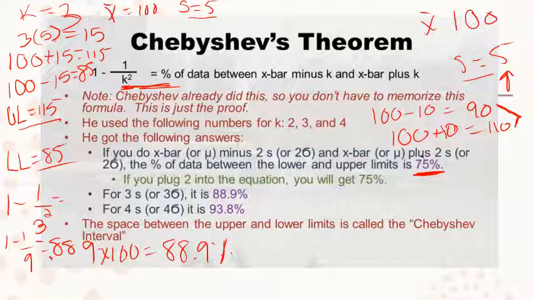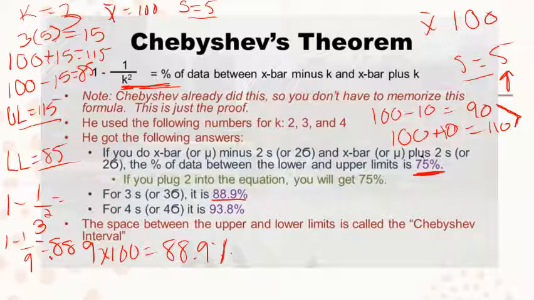Anytime you choose 3 as your k, using 3 standard deviations to find your upper and lower limits, your percentage is always going to be 88.9%.